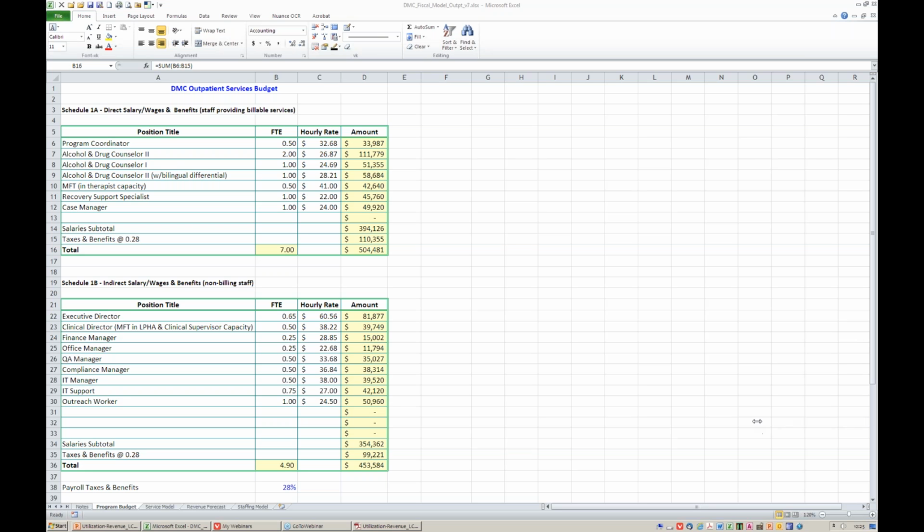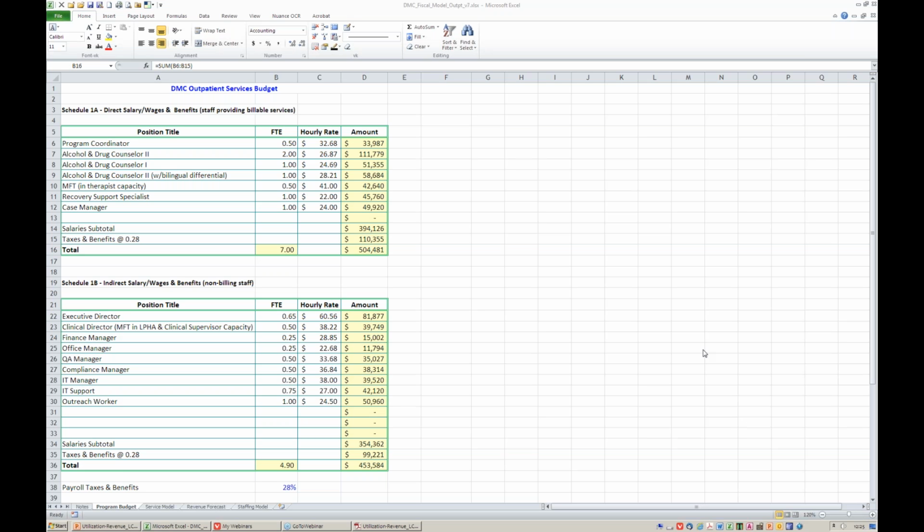One of the other things that I've told people is, with these position titles, if it's more comfortable for you, even add lines and list them. If you have alcohol and drug counselor 2s and you have 3 of them and you want to be more specific, take out your payroll sheet and make sure that everyone is accounted for.